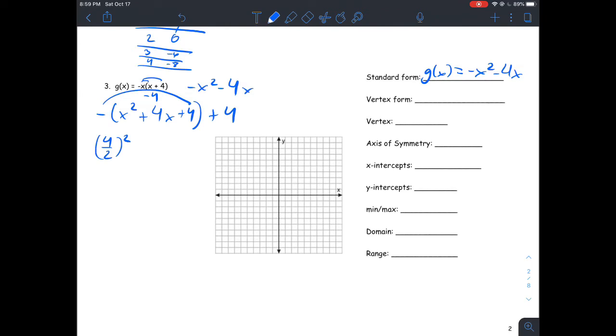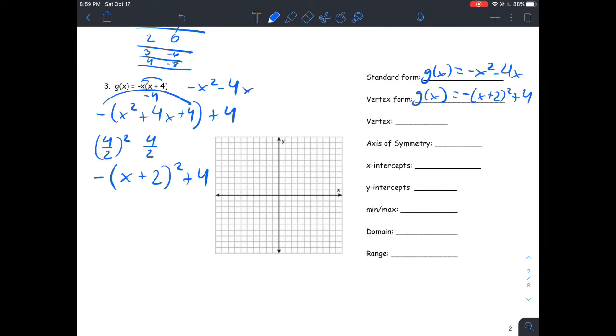Now I'm going to write this guy in vertex form as a perfect square, so we're going to do x, and then I take my middle term, which is a 4, divided by 2. It's going to give me a positive 2 squared, and then, of course, I have my plus 4 on the outside. So our vertex form here is going to be g of x equals negative (x plus 2) squared plus 4.